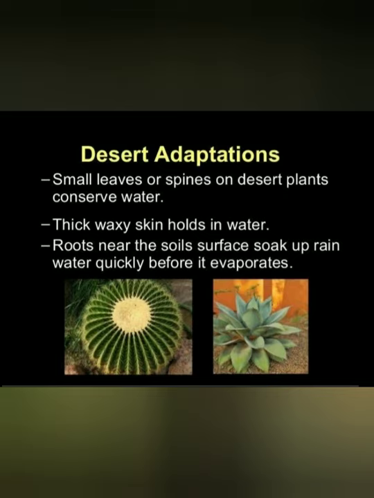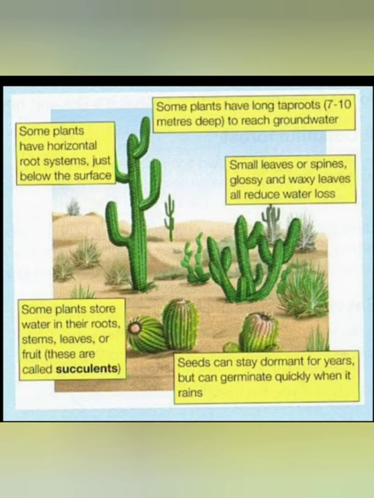The leaves in these desert plants are reduced into spines and the stem stores the water. Cactus, opuntia, aloe vera, these are all examples of desert plants, right? They have their own adaptations according to the environment present there.